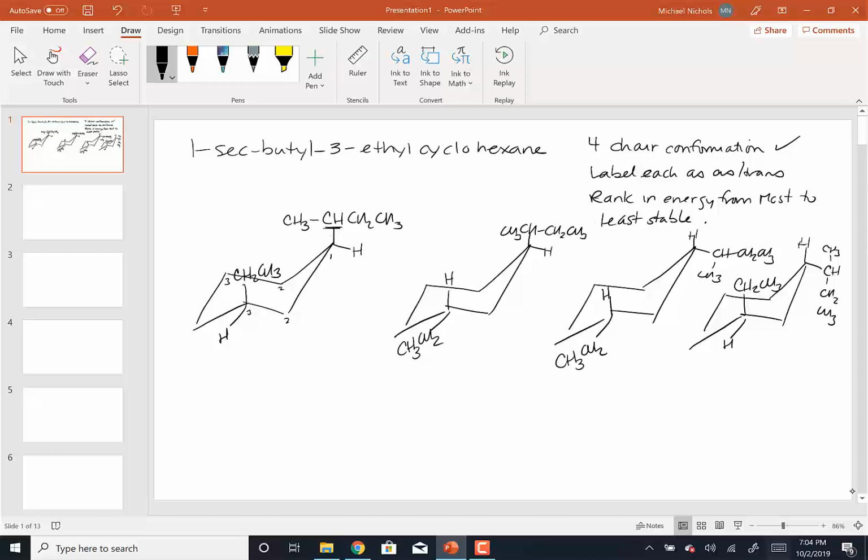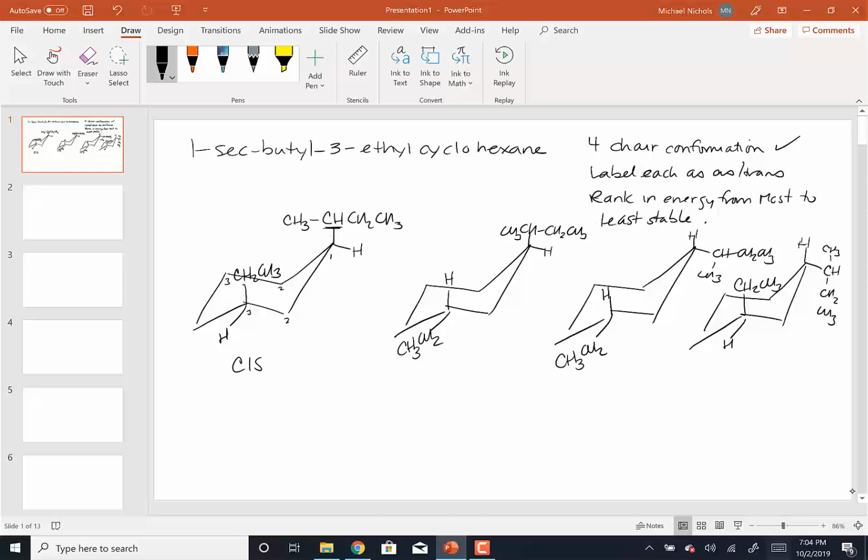Now I need to label each one of these as cis or trans. And remember, cis or trans means, are the two groups on the same side of the ring, or are they on opposite sides of the ring? So if we look at number 1 here, the one farthest to the left, this ethyl group is above or below the plane of the ring? Above. The sec-butyl group is above or below the plane of the ring? Above. They're both above.